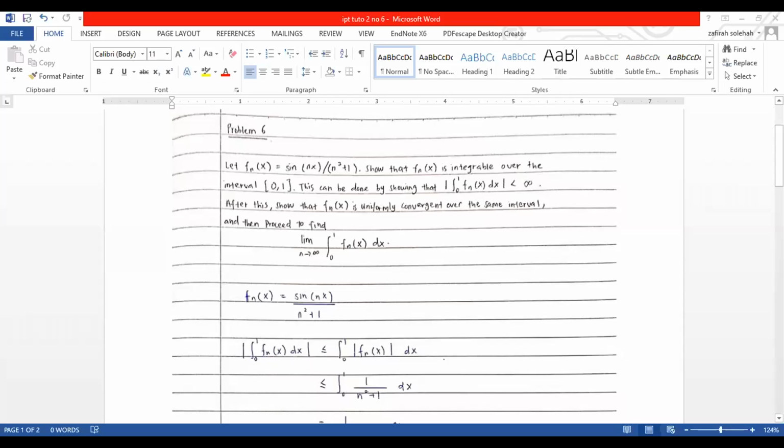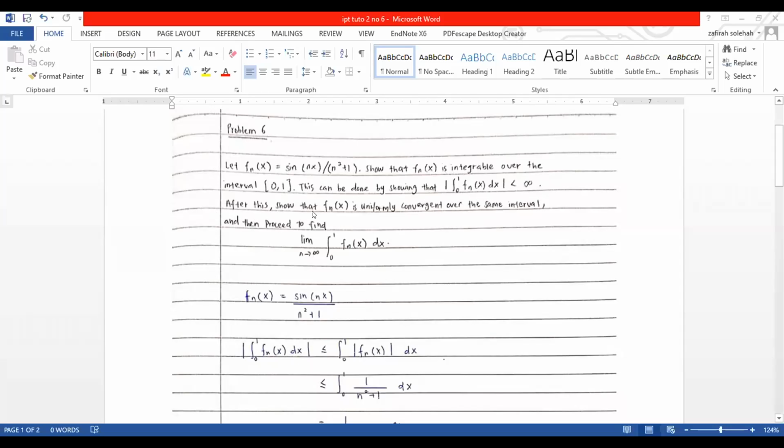So for problem 6, the question is: let fn(x) equal sine nx over n squared plus 1. Show that fn(x) is integrable over the interval 0 to 1. This can be done by showing that the integration from 0 to 1 of fn(x) dx is less than infinity.